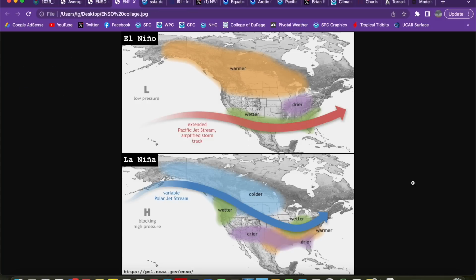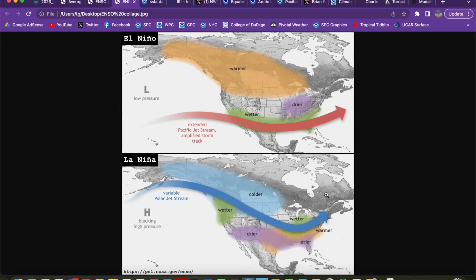And the specific ENSO phase that we're in tends to modulate the amplification and positioning of the upper level jet stream, as you see here. In a wintertime El Niño phase, which is on the top panel, the jet stream is generally a bit less amplified and shunted farther to the south, yielding generally wetter and stormier conditions for the southern U.S., whereas in a wintertime La Niña phase, which you see on the bottom panel here, that jet stream tends to be much more variable, meaning more amplified waves within the main jet, and generally wetter and stormier conditions farther north than in an El Niño phase.